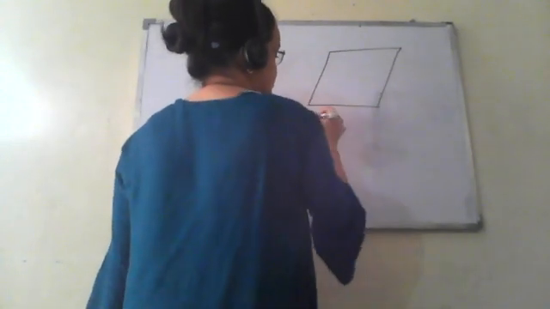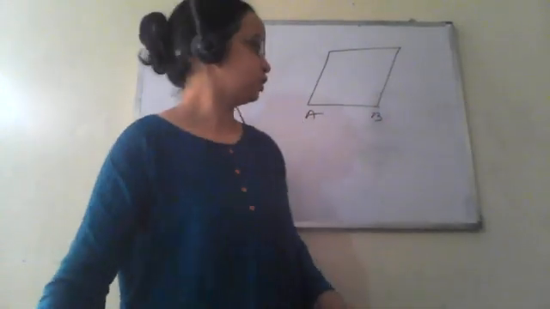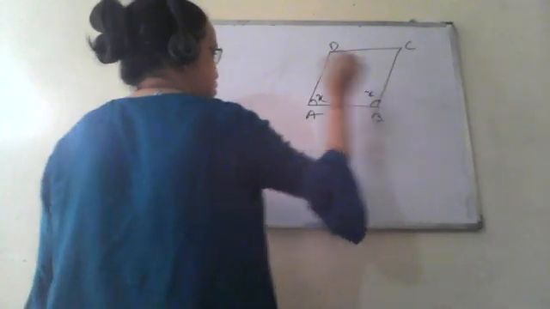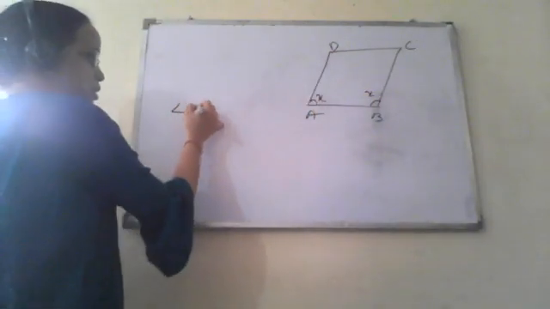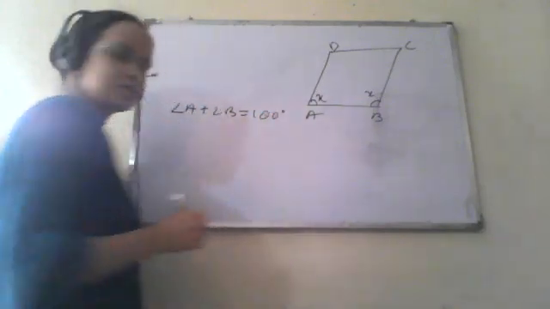Okay, so if this is a parallelogram, this is angle C, this is angle D. These are adjacent angles. Suppose these are equal. So if this is x, this is also x. So angle A plus angle B will be 180 degrees, because these are adjacent angles.